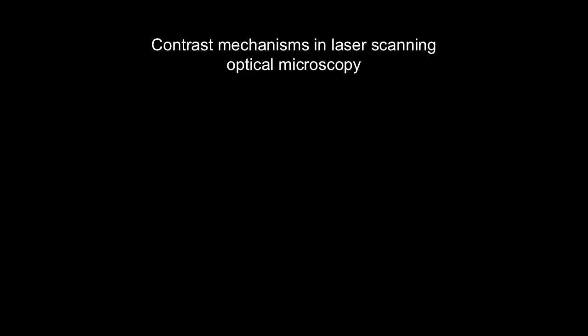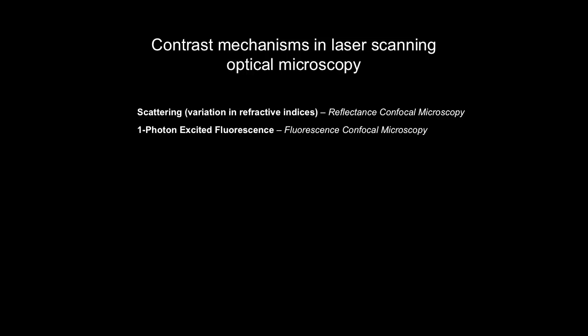Okay. So we talked about the contrast mechanism in reflectance confocal microscopy. The contrast mechanism in this technique is based on the variation in the refractive indices among components in the tissue. We mentioned fluorescence confocal microscopy, and the contrast mechanism in this technique is based on one-photon excitation fluorescence, and we'll talk about that.